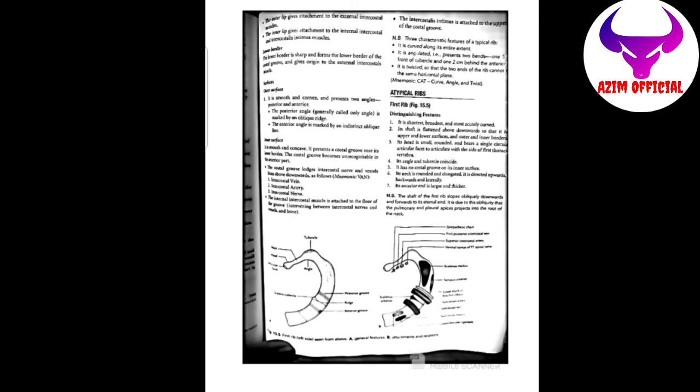In the left picture, please keep your eye on the left picture. It presents a scalene tubercle about its middle, and the tubercle and adjoining part of the upper surface provide attachment to the scalenus anterior muscle.